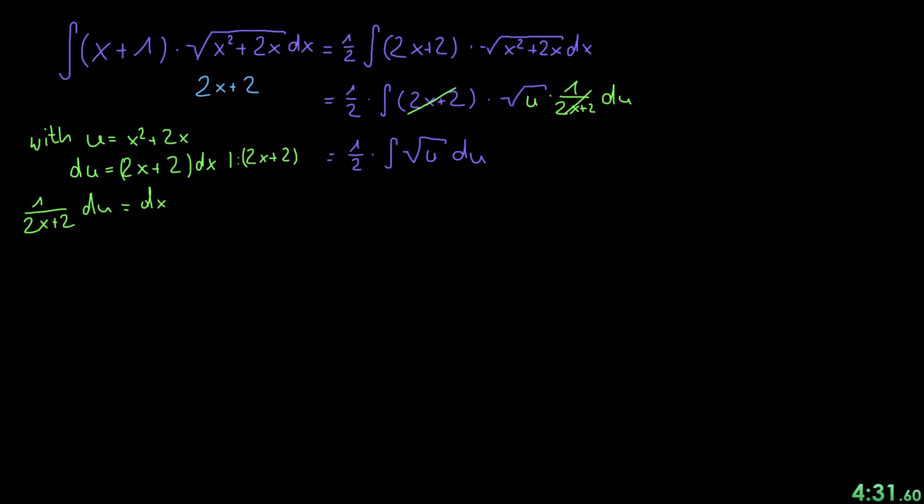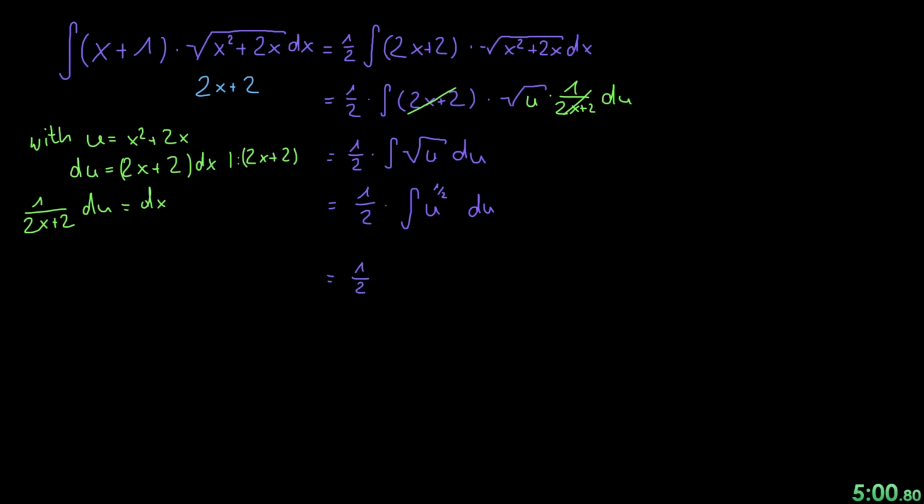Alright. As a reminder, the square root of u can be written as u to the power of a half, so 1/2 times the integral of u to the power of a half du. And now we do classic integration. We're going to add 1 to the exponent and pull the rest up to the front.